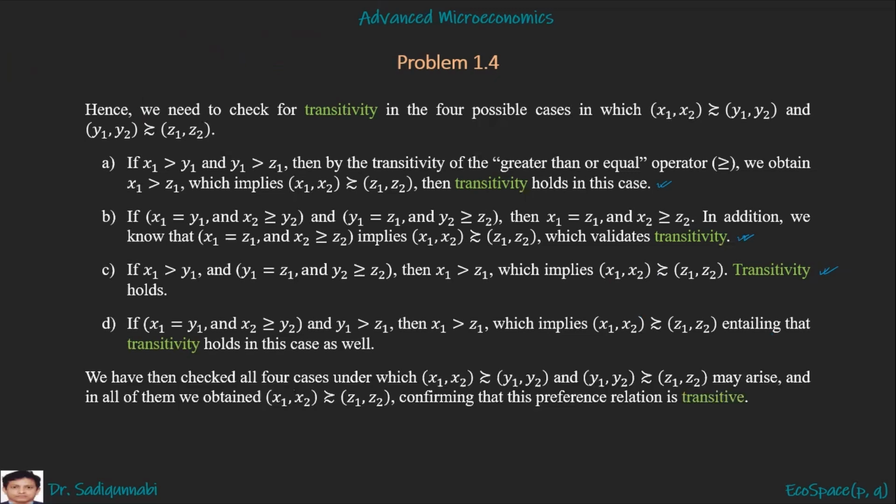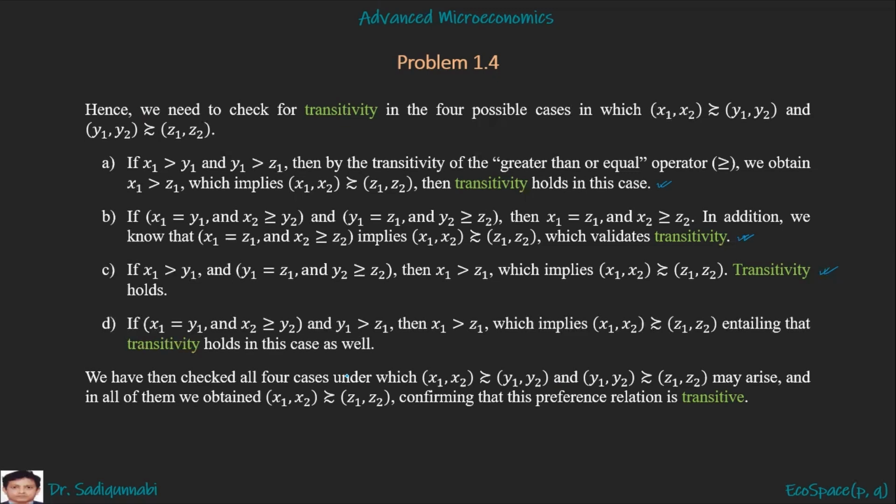So in conclusion, the situation in which X is preferred over Y and Y is preferred over Z may arise in all four cases, and X is preferred over Z, confirming that this preference relation is transitive.